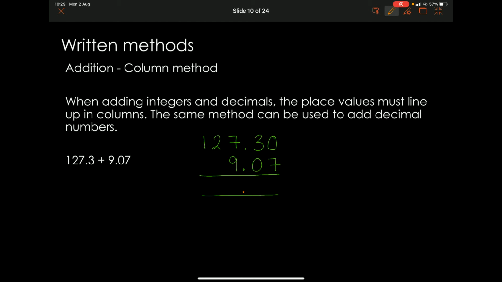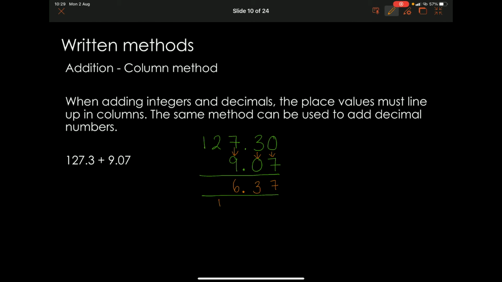So we do 0 add 7, which is just 7, and 3 add 0, which is just 3. We're then going to leave the decimal where it is, and then 7 add 9. 7 add 9 is 16. So if it's 16, we're going to put the 6 there and we're going to carry the 10 over to the other column. Because it's a 10 and a 6, we have to carry that 10 over.